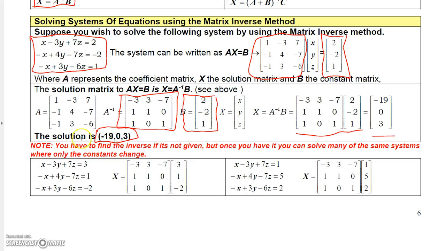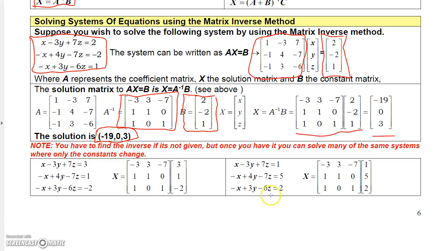Since the coefficients are all the same, I could solve them the same way using the inverse of the coefficient matrix. Just like I multiplied this matrix by the constants here, I could multiply this matrix by this set of constants to get the answers. I didn't do it; you can do it if you want to.